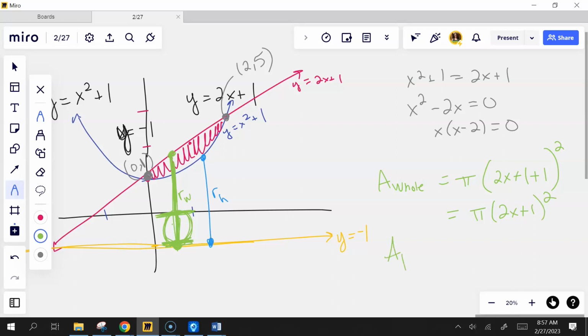And then the area of the H hole, sorry, I wrote it and didn't do it. X squared plus 1 plus 1.